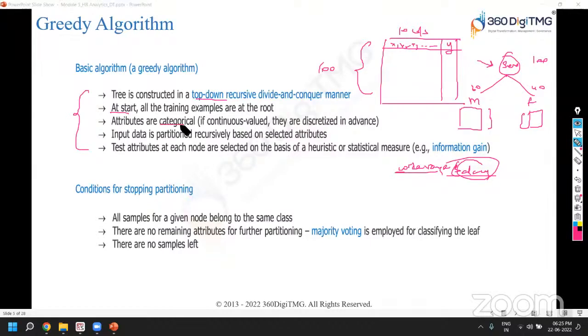Let's say I have 5 records. Out of that, 3 employees are saying that they will resign, and 2 employees are saying they will not resign. So we go with the majority rule where we say the chance of these employees resigning is more. Hence, we will decide that that branch will give us the factors of resigning.